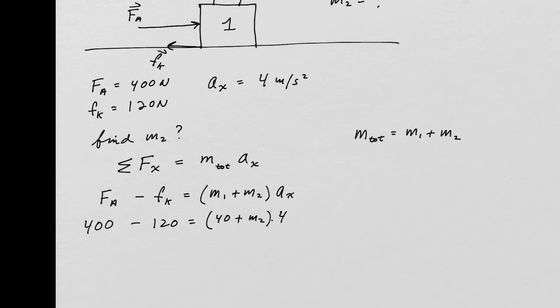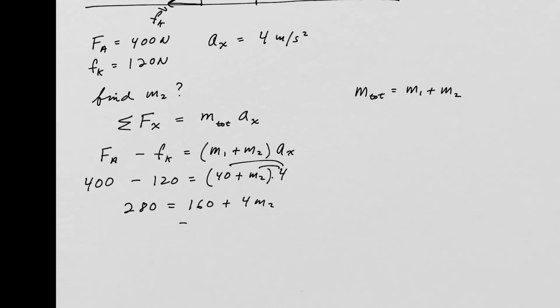First, on the left-hand side, 400 minus 120 is 280. Then I would distribute the 4, probably the easiest way to do it. So 4 times 40 is 160, plus 4 times m2, which is 4m2. Then we can subtract 160 from both sides.